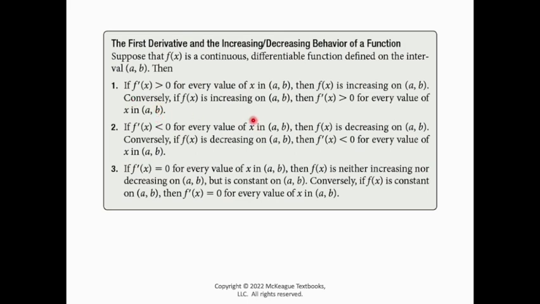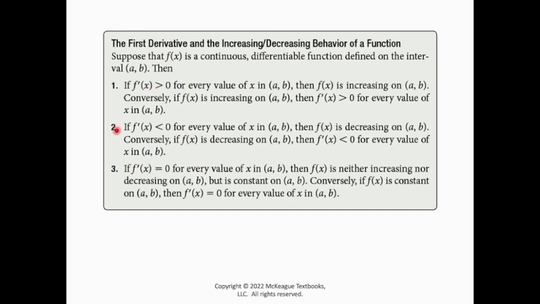So the first statement is basically saying when the first derivative is positive, the function will be increasing on that interval, and then it works in the reverse direction. If we look at the function first, on the intervals that it's increasing, the derivative will be positive.